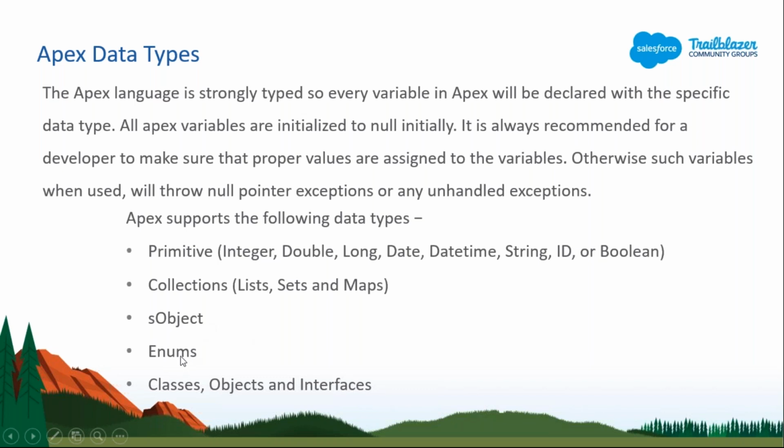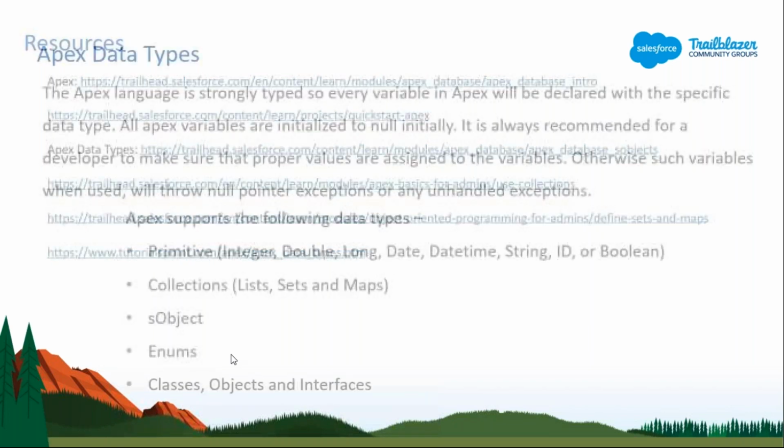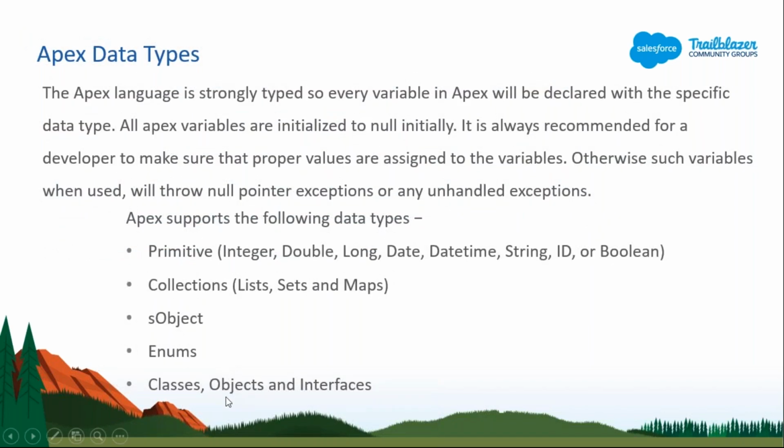Enums, classes as well. You can use a class name as a data type, and interfaces too. So primitive data types are integer, double, long, datetime, string, ID, or boolean.